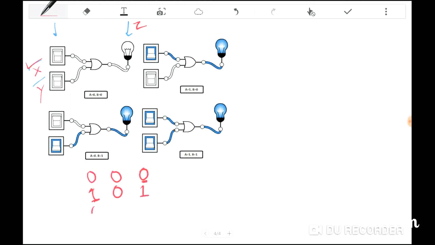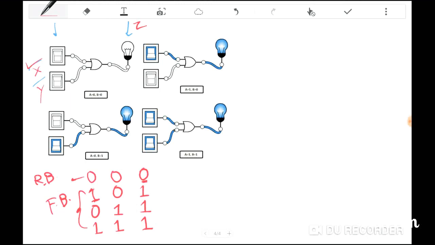When we give one input as 0 and one input as 1, the output is again 1. And when we give both the inputs logic level high, that is 1, we get an output of 1 again. So the first condition is due to the reverse bias condition, and these all conditions are due to the forward bias condition.